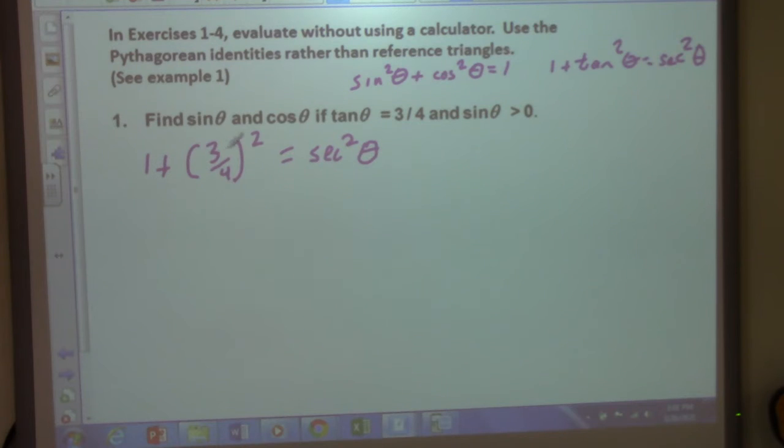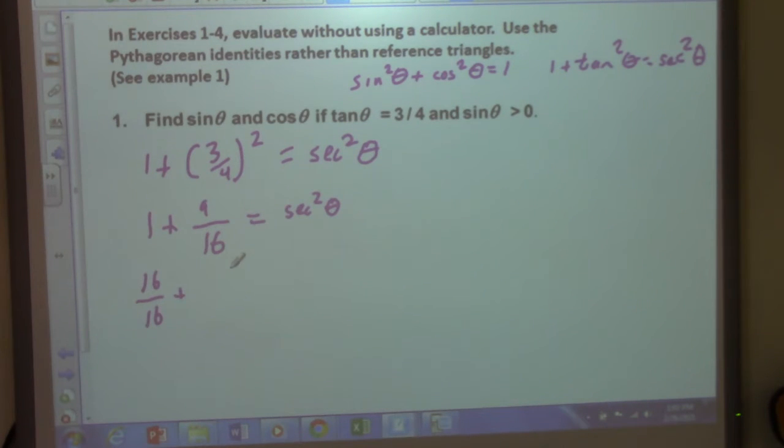Yeah, so we have this here. So we have 1 plus, what's 3/4 squared? How about 9/16, right? So that's going to be our secant squared theta. And this thing right here is going to be 16/16.